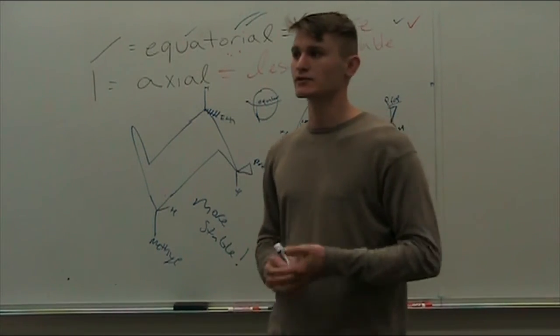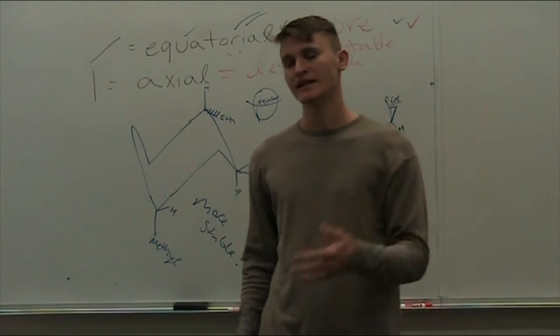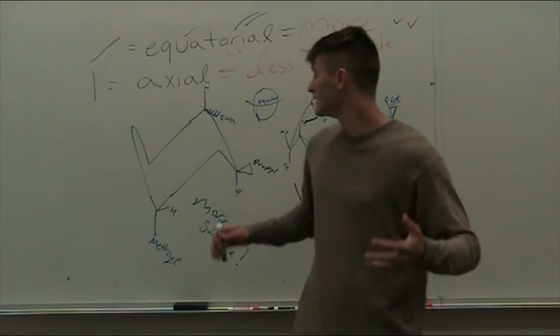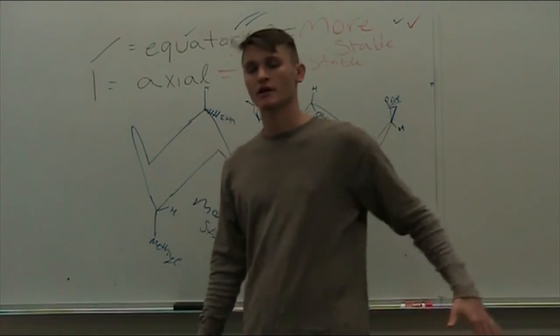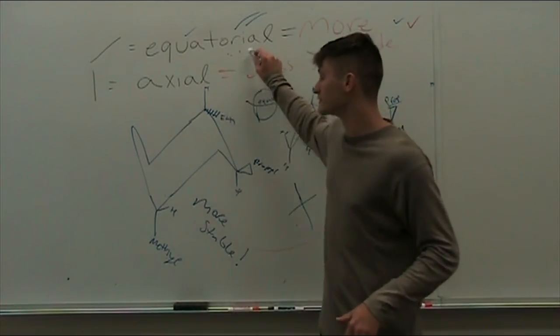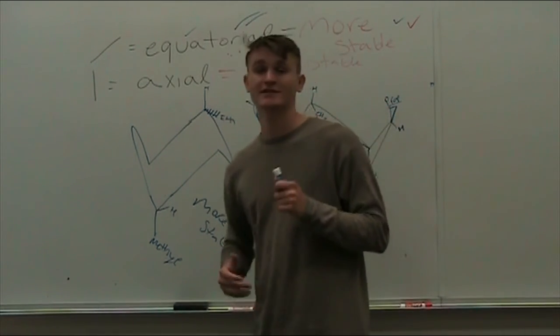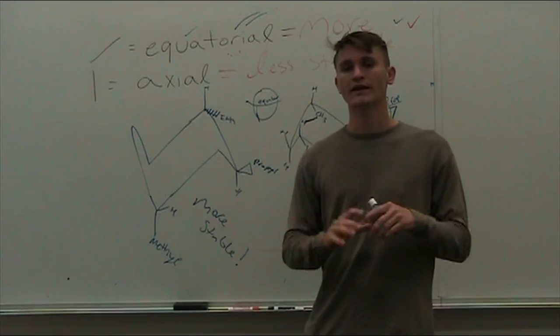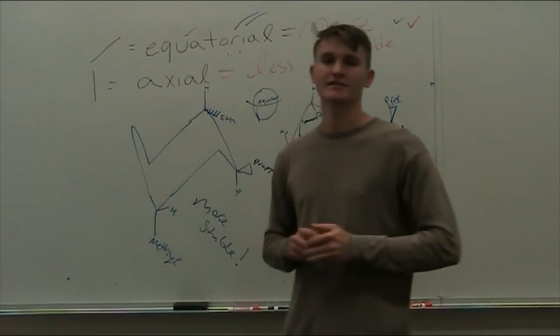So that goes with any other subgroups too, like alcohols, halogens, anything else, bromides, anything. You want the bigger molecule to be on the equatorial position because it has more space and it's more stable for the molecule. So come test day, think stability, think of what can I do to make the chair the most stable.